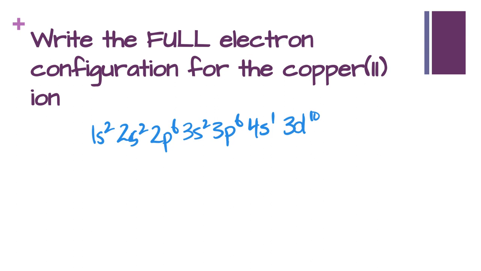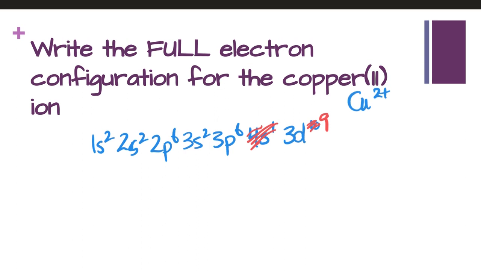Now a copper 2 ion means copper 2+, so we need to remove 2 electrons. We're going to take one from the 4s first, so that's going to go. And then we're going to take one from the 3d, because that is now our next highest. So it's going to end up with 1s2, 2s2, 2p6, 3s2, 3p6, 3d9 for the copper 2+ ion.